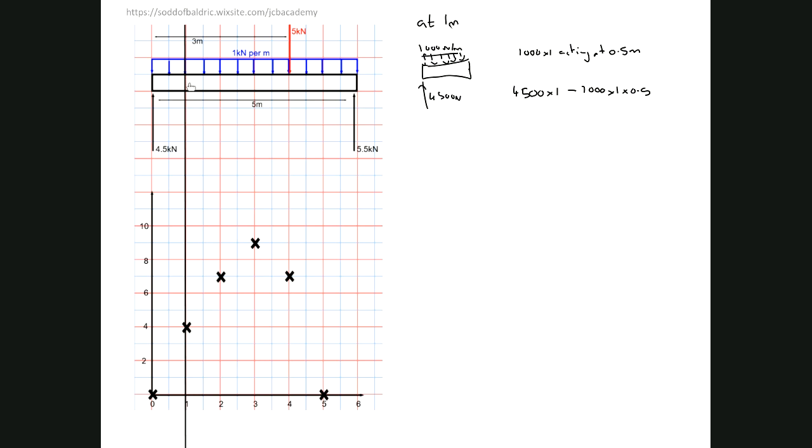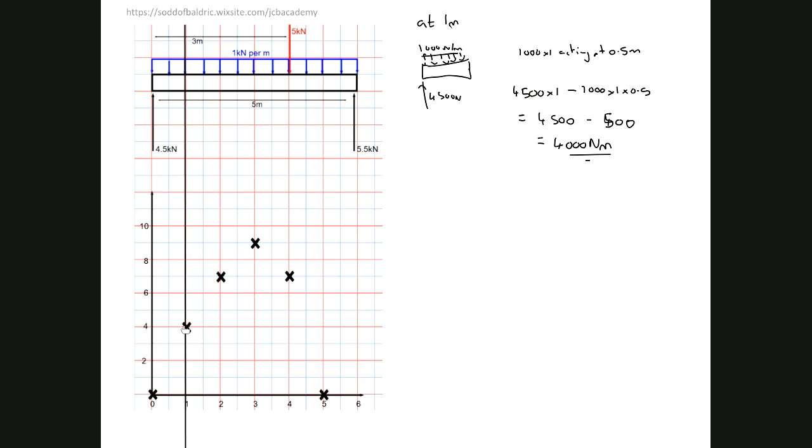It makes life a little easier. So we'll see that the bending moment here is equal to 4,500 minus 500, which gives me a bending moment at 1 meter of 4,000 Newton meters. That is why I've got my plot here to be 4,000.